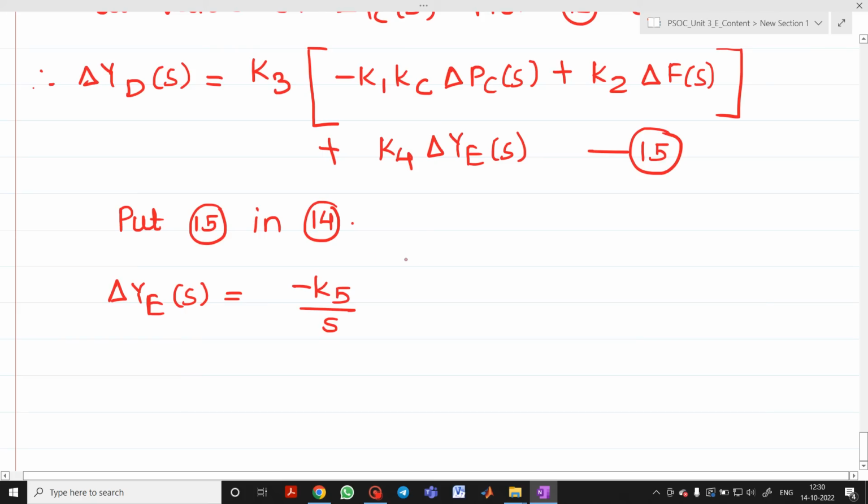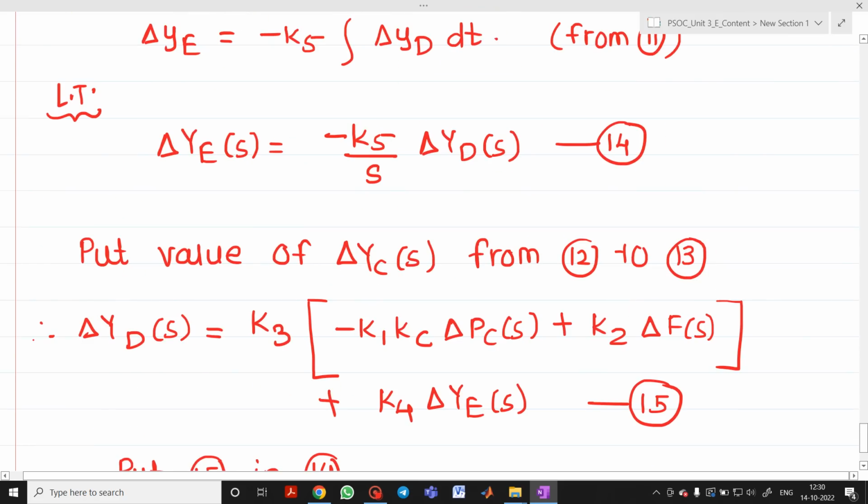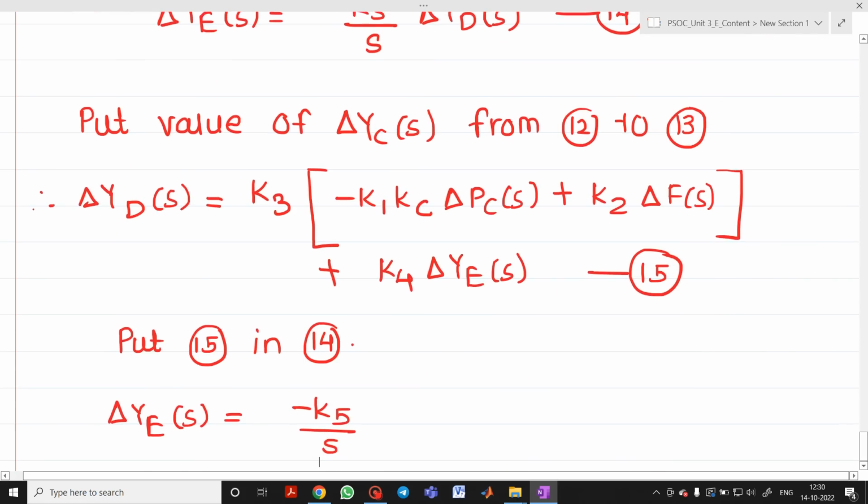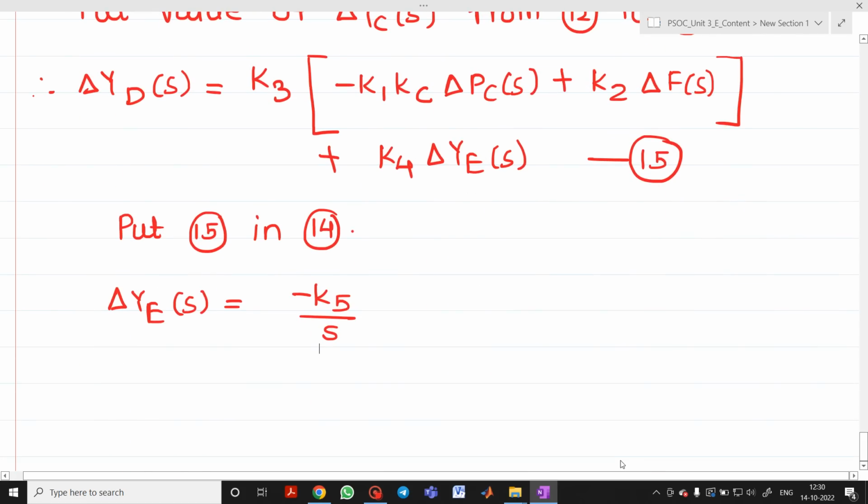What is this? This will be delta yd of S. So this was your delta yd of S, k3 delta yc of S plus k4 delta ye of S. Let me write this equation first for understanding.